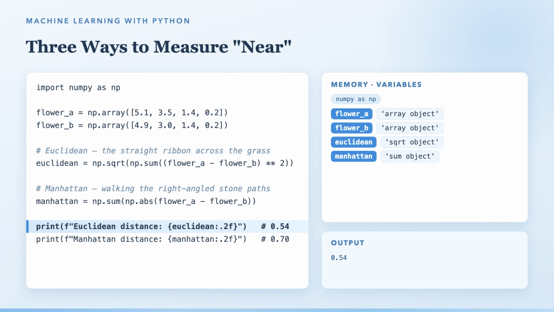For Manhattan, we take np.abs of the same differences, and simply add them up with np.sum, the stone paths. The 2 print lines show the answers to 2 decimal places. Euclidean, 0.54. Manhattan, 0.70. The walk is longer than the ribbon, just as we expected.